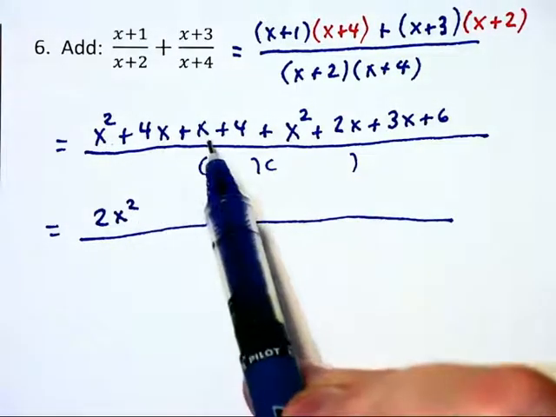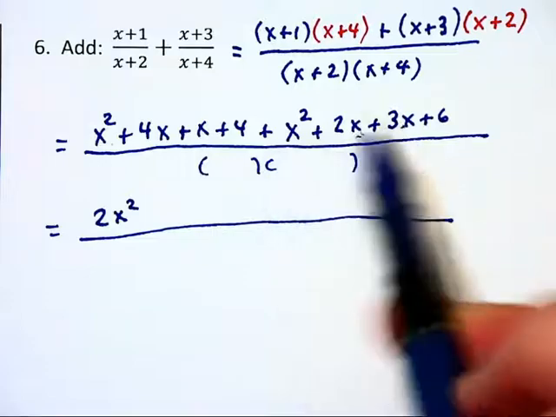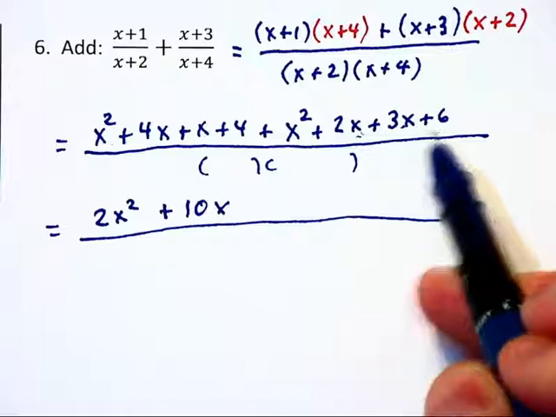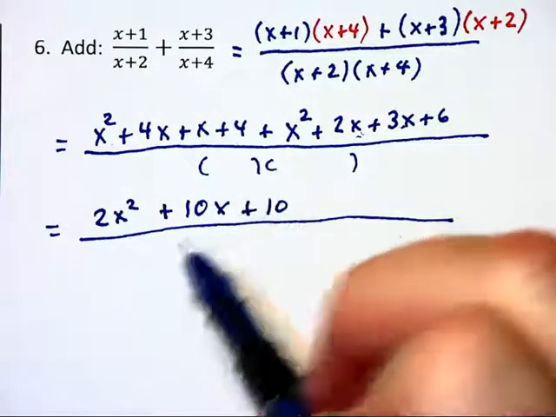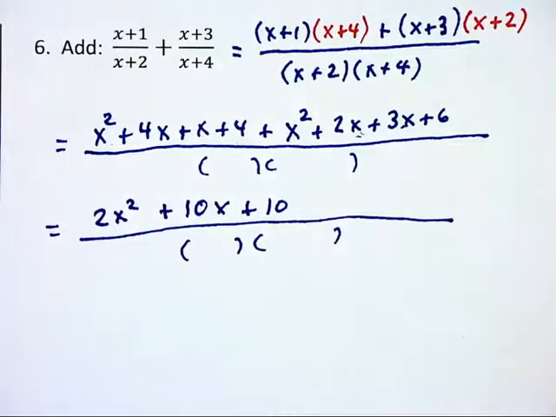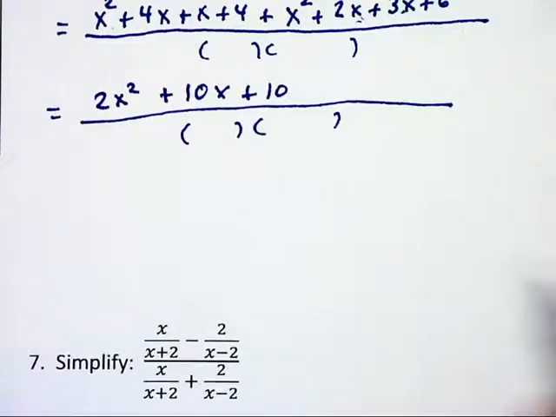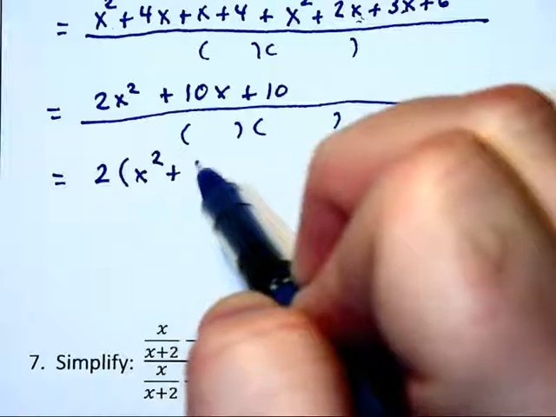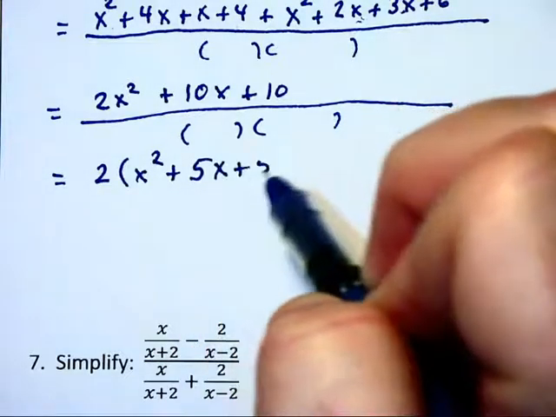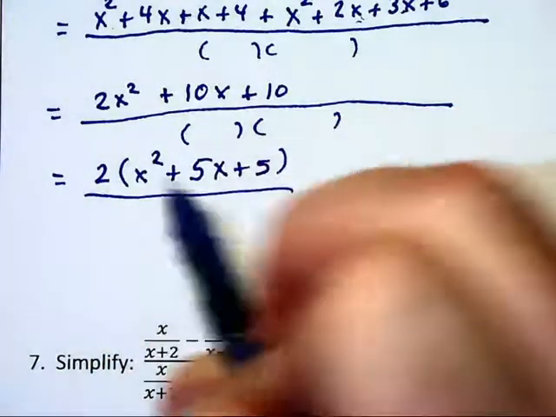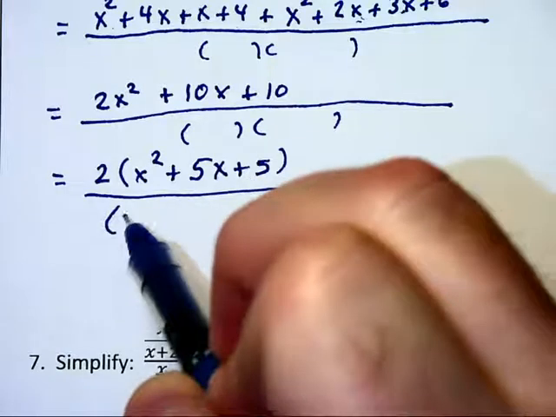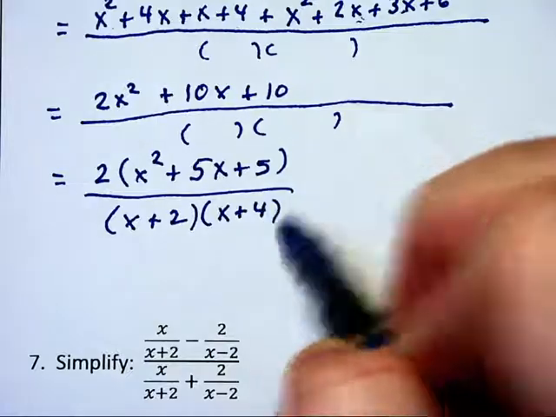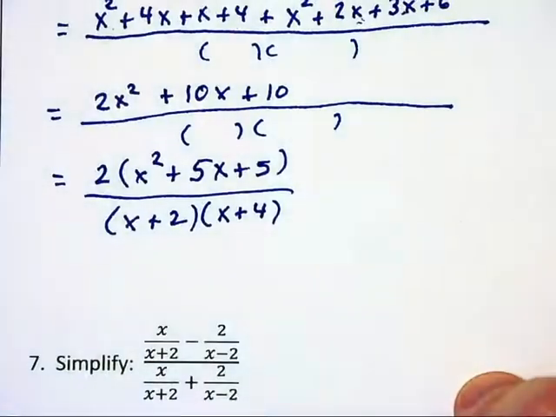We have 4x and 1x, that's 5x, and over here another 5x, so plus 10x. And 4 plus 6 makes plus 10 over these two factors. Let's see what we've got next. We can factor a 2 out to have x squared plus 5x plus 5. And I notice that that will not factor any further, so I'm just going to write this denominator as x plus 2 times x plus 4, and that will be our simplified solution.